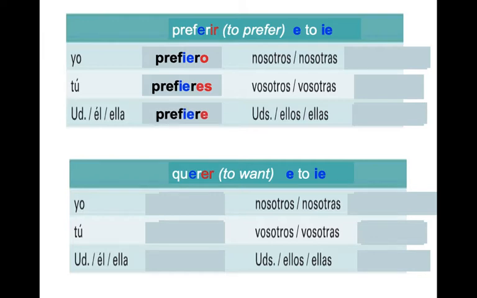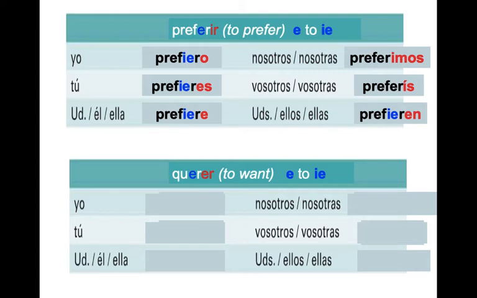Prefiere. We prefer. Nosotros preferimos. Hopefully you got that. You didn't do any stem changing there. How about vosotros? You guys prefer. Preferís. And finally, they or you all prefer. Prefieren.